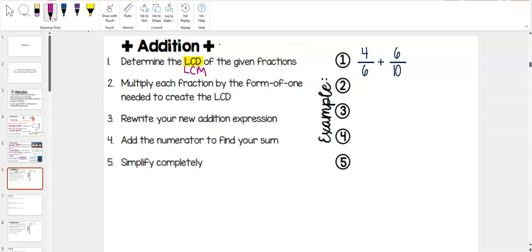That's our first step. Then we are going to find equivalent fractions. Okay, that's really what step 2 is saying, is we need to make equivalent fractions with the LCD.